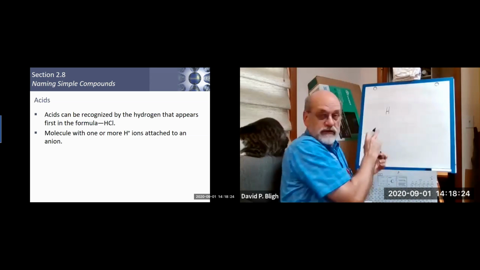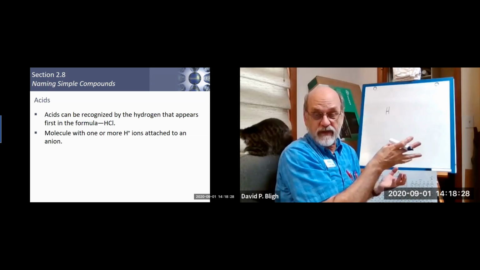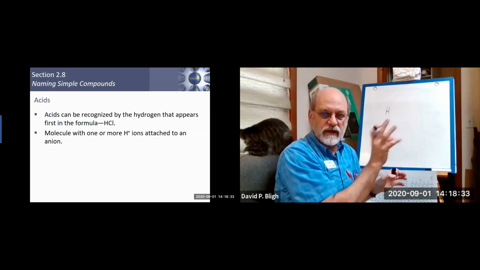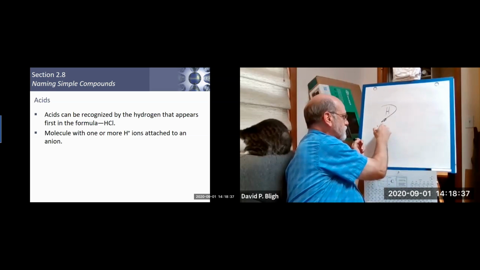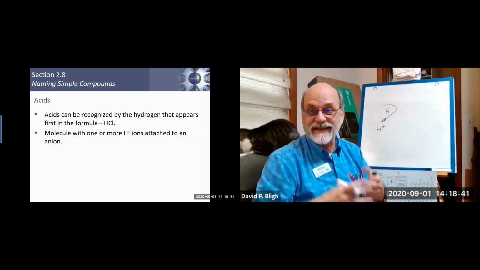Now, this first hydrogen, or 2 or 3 or however many there are, those are the hydrogens that when you put this compound in water, dissociate and become protons. That's where the acidity comes from.